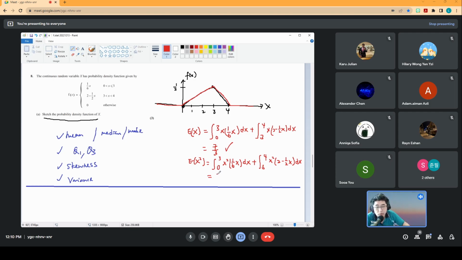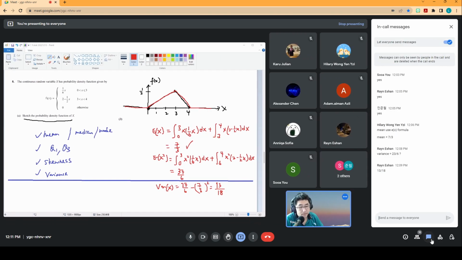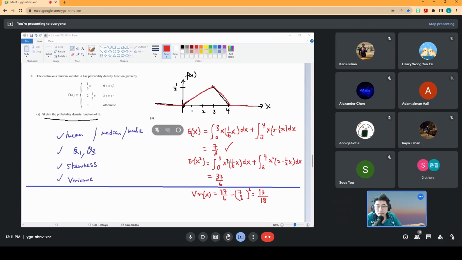So you have 37/6, and the variance is 37/6 minus 7/3 squared. So you have 13/18. Is this what you get? Yeah. Anything else? Other information?